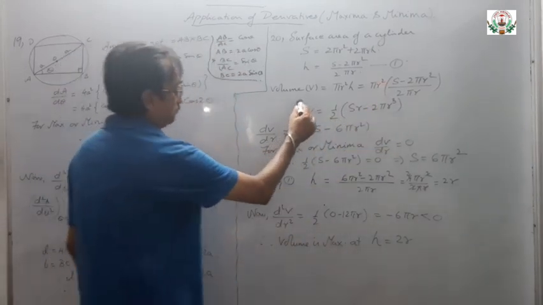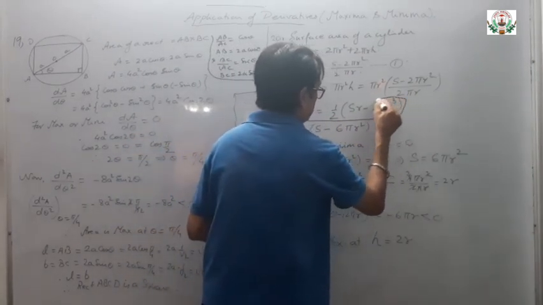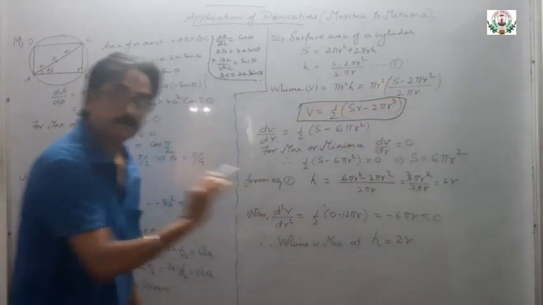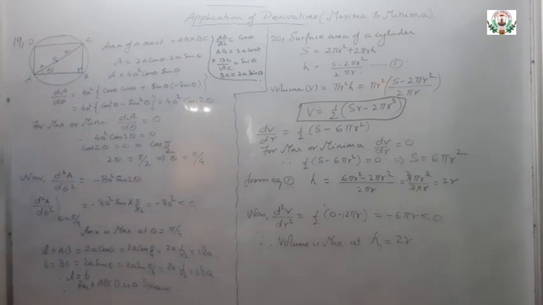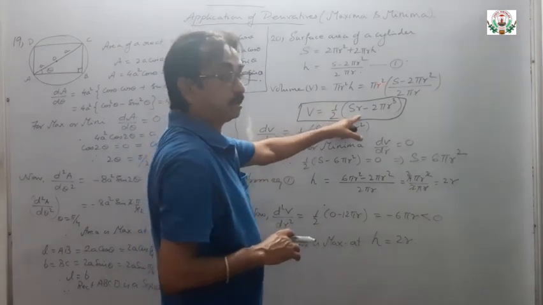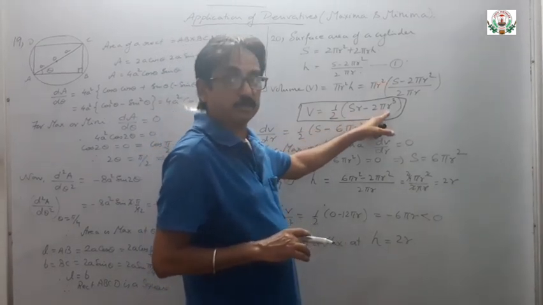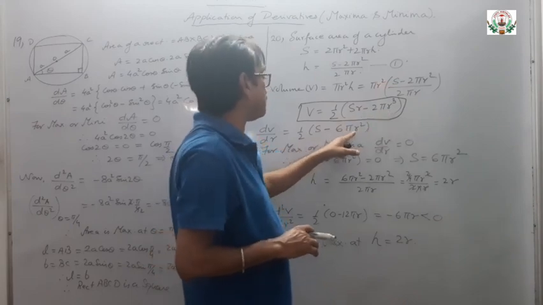Now we got this function. After getting this function, we will proceed in the same manner as we solve the maximum and minimum problems. So dV by dr equals 1 by 2 d by dr of S r minus 2 pi r cube, whose differentiation gives 3 r square, it will become 6 pi r square.